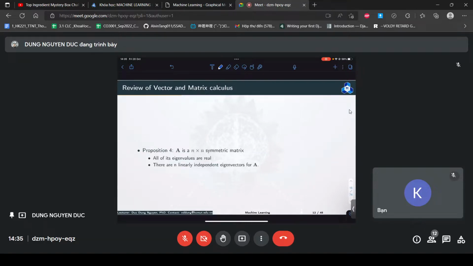We have another proposition. If A is a symmetric matrix, then there's something important that you have to remember, that all eigenvalues are real.